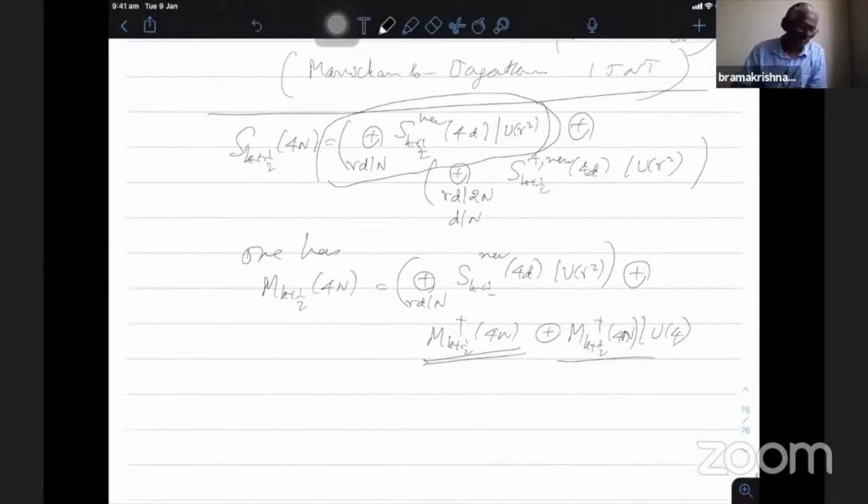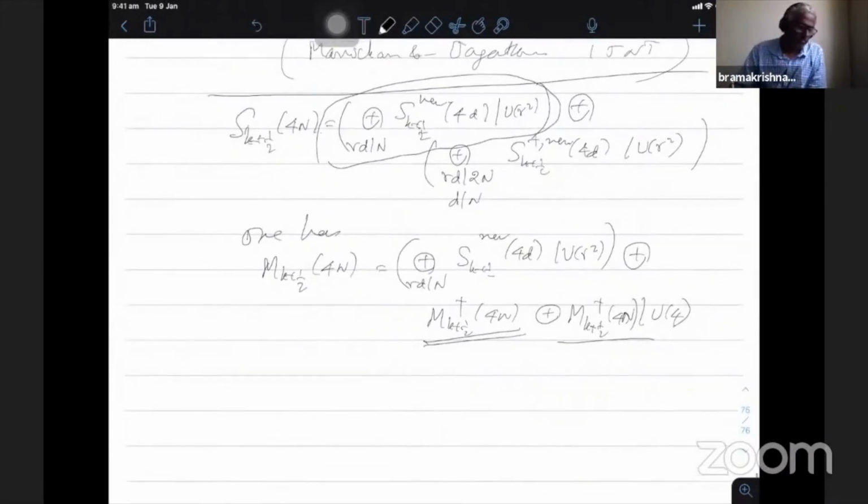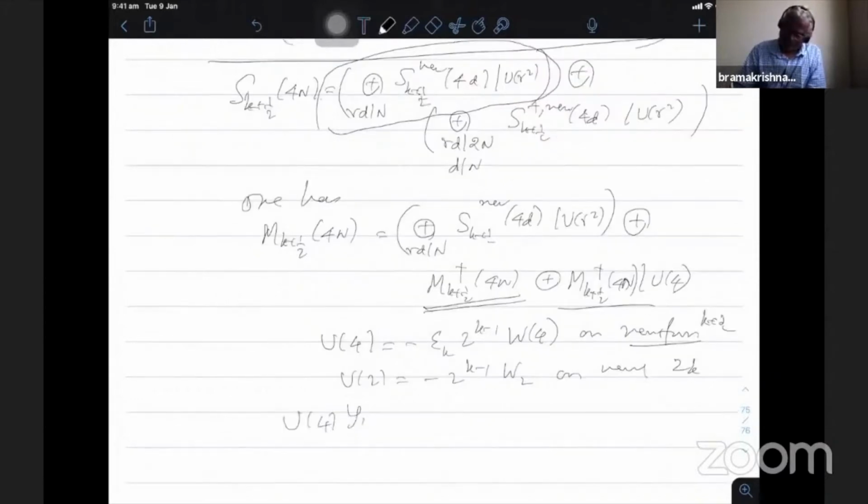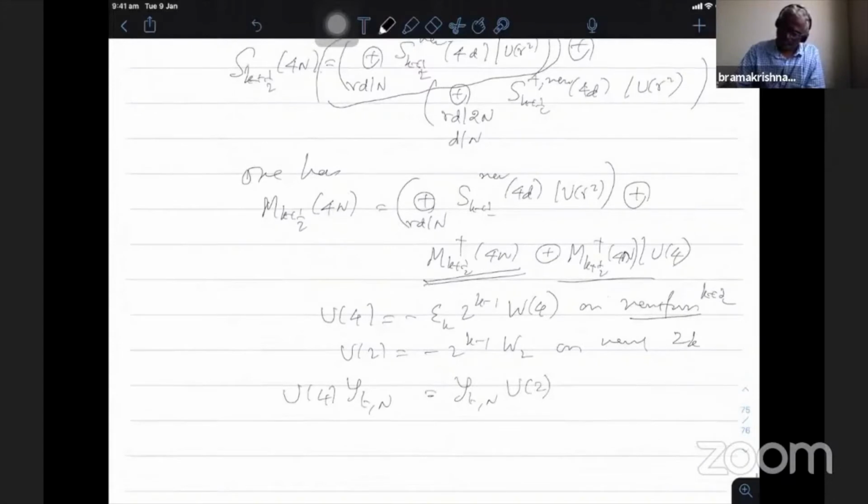And other properties: u4 is minus epsilon_k 2^{k-1} W4 on the new form space. So that is the level 4n, not the plus space. And we have u2 is minus 2^{k-1} W2 on the new forms of weight 2k. And we have the Shimura map S_{4n} commuting with u2 on S_{k+1/2}^+(4n).